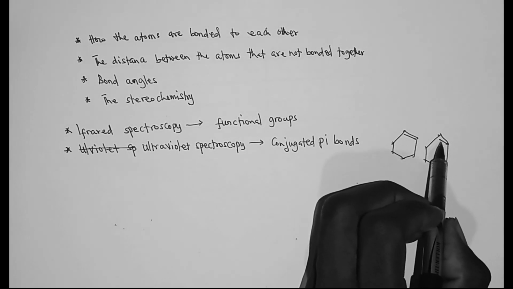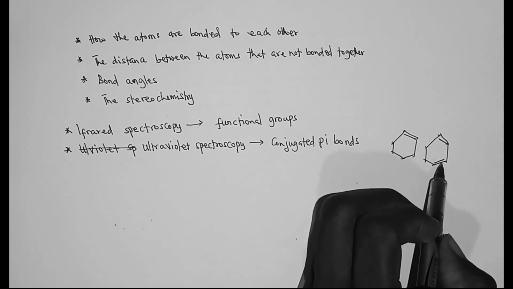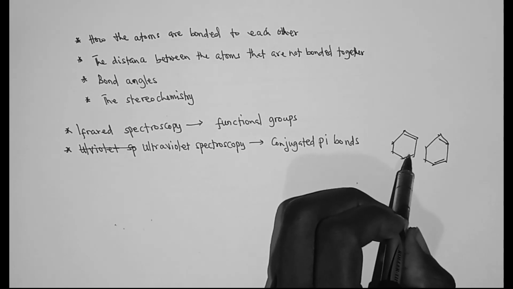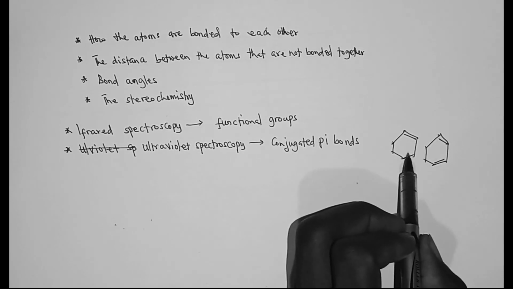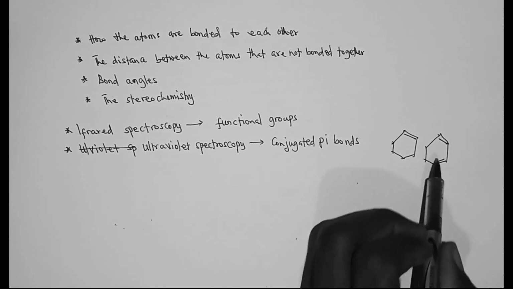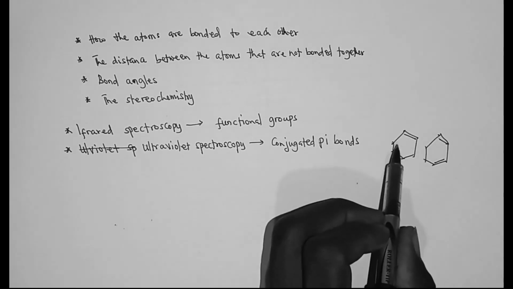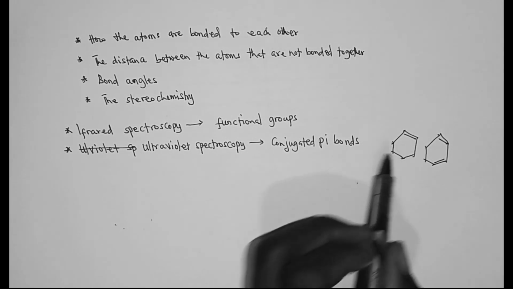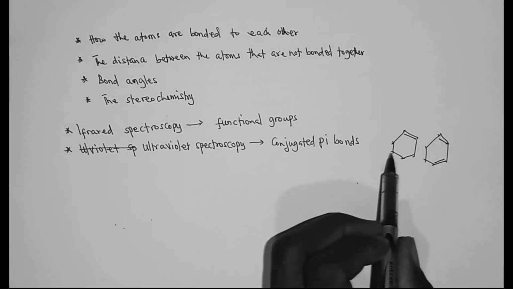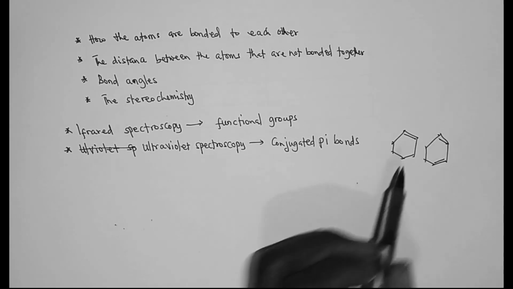You can see that there is a conjugation in this compound, but there is no conjugation in this compound. However, both of them are alkenes. So in order to be able to distinguish between cyclohexadiene and cyclohexene, then you need to use a UV spectroscopy to determine the difference between the two.